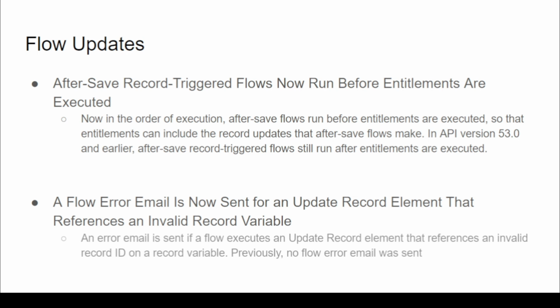So basically, your error would be sent if a flow executes an update record element, and by mistake it is referring to an invalid record ID when we are creating a record variable and passing that into our update record element. Previously no flow error email was sent, and we had to rely only on debug, and thereafter we could do the further steps.